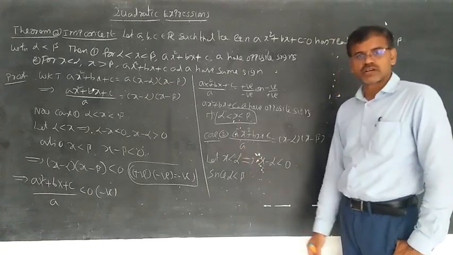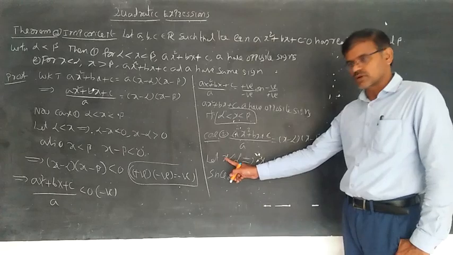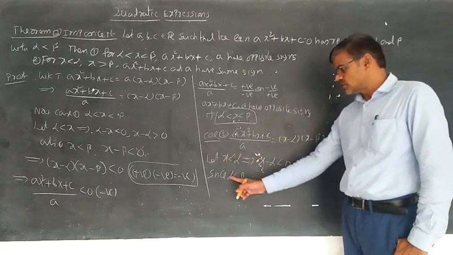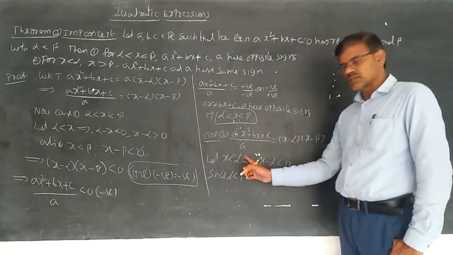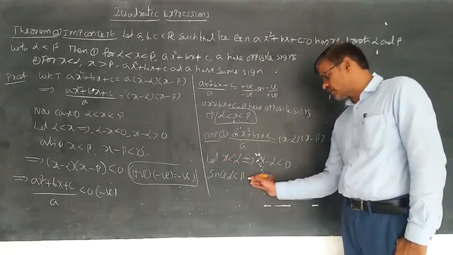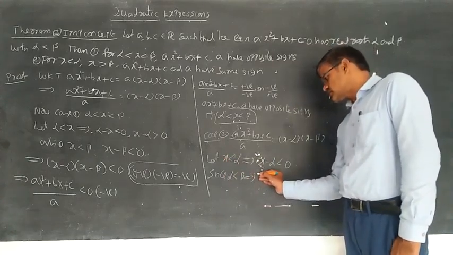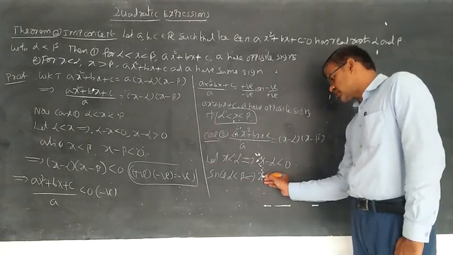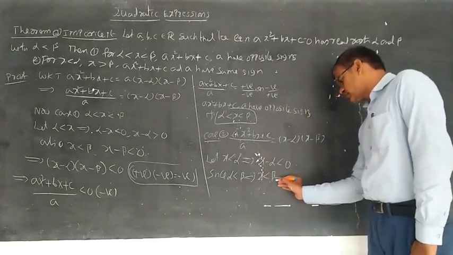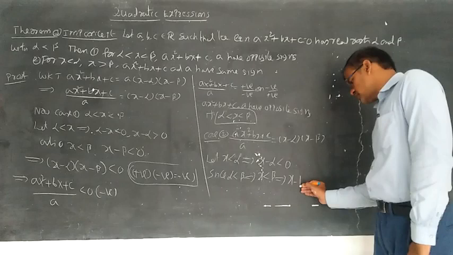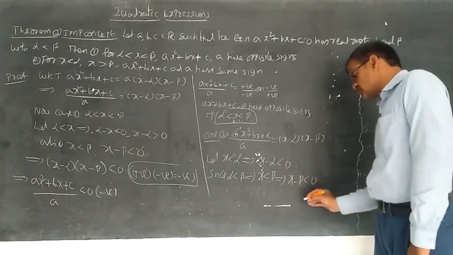If you have any doubt, try to understand this. Take x as the number 2, and this is 3, this is 5. 3 is less than 5, 2 is less than 3, then you can understand 2 is less than 5. In the similar way, since alpha is less than beta, x is less than beta. Whenever x is less than beta, you can write x minus beta is less than 0.